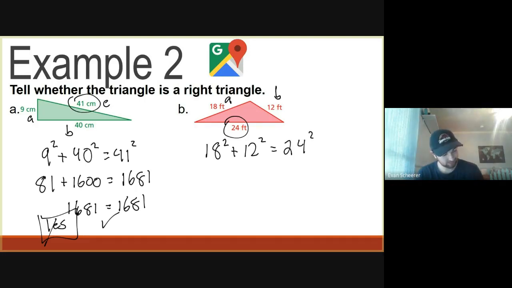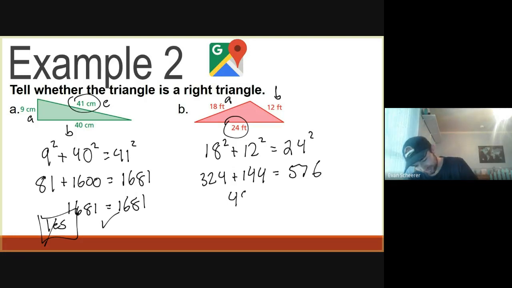So 18 times 18 is 324. 12 times 12 is 144. And we want to see if that matches up with 24 times 24. So that's 576. If we add together 324 plus 144, we get 468.